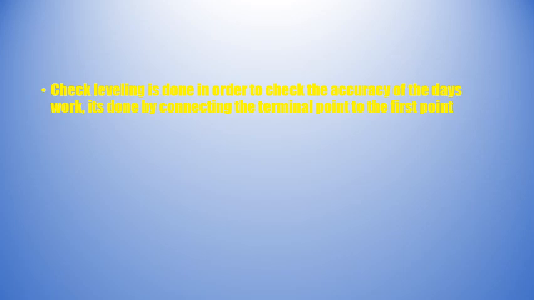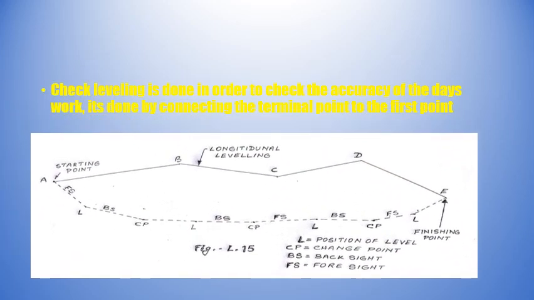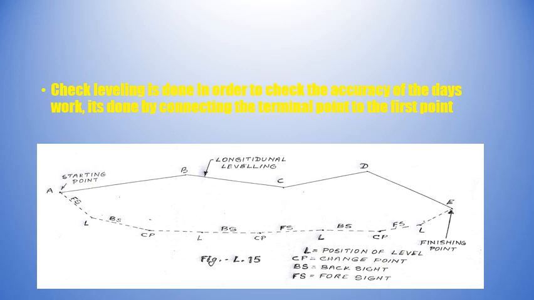After doing the survey for the day, like such a survey here, we leveled from A to point E. At the end of the survey, we do what we call check leveling. In check leveling, we connect the terminal point to the starting point just to confirm our work.